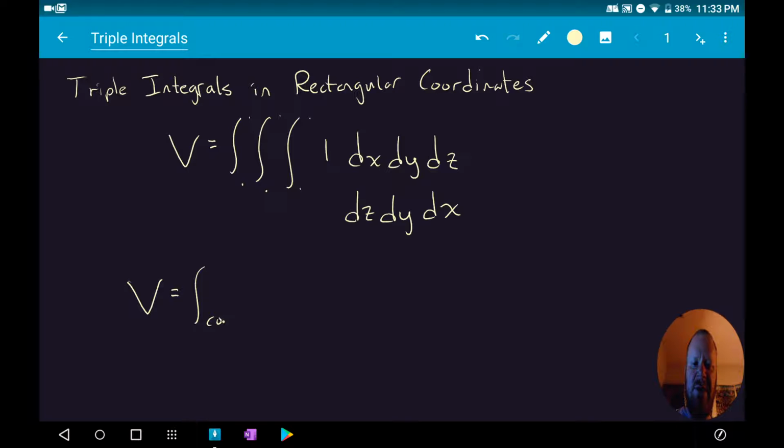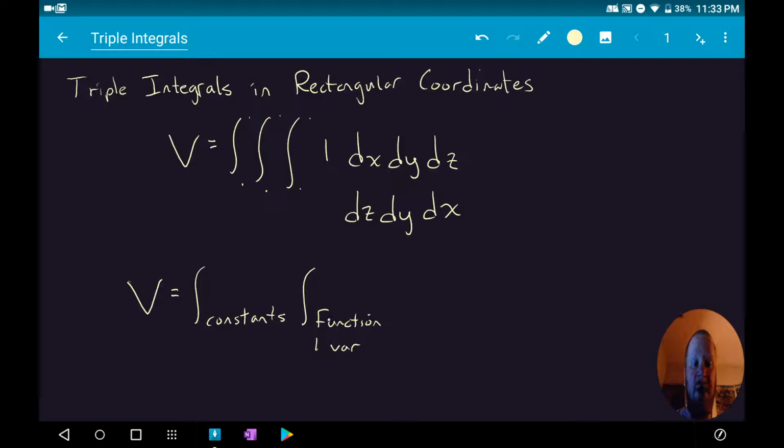One of which is that, just like in double integrals, we want to have our constants on this outer integral, and then we want to have a function in this integral. This function can only be of one variable.